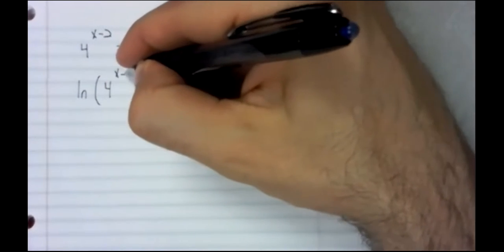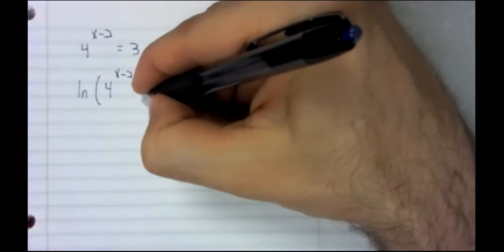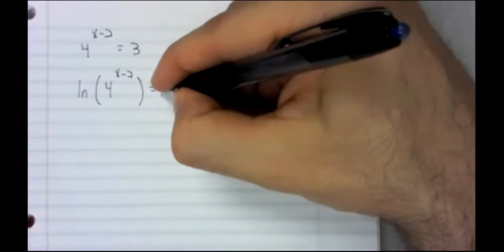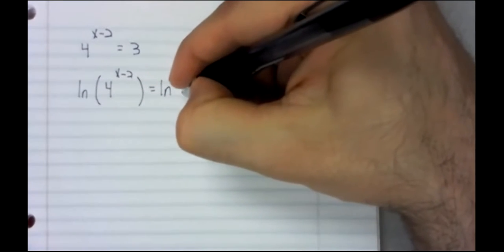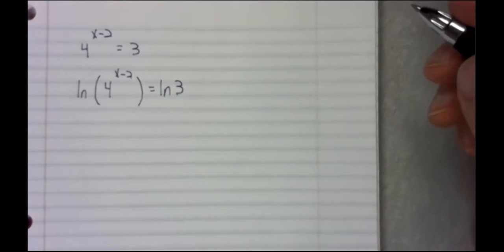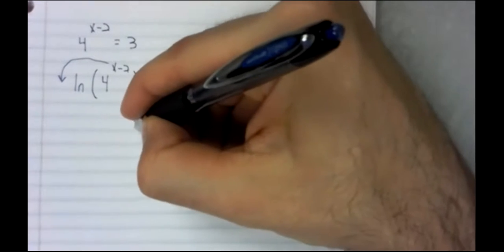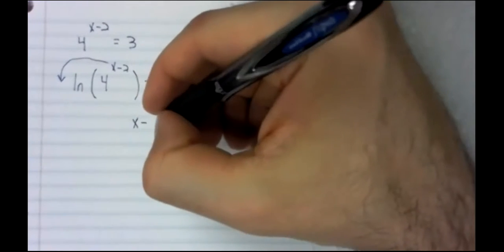Even if our exponent is more complicated, we can simply take the logarithm of both sides, and that will bring our exponent down in front. Now, there's a mistake that students make here, which is as follows.